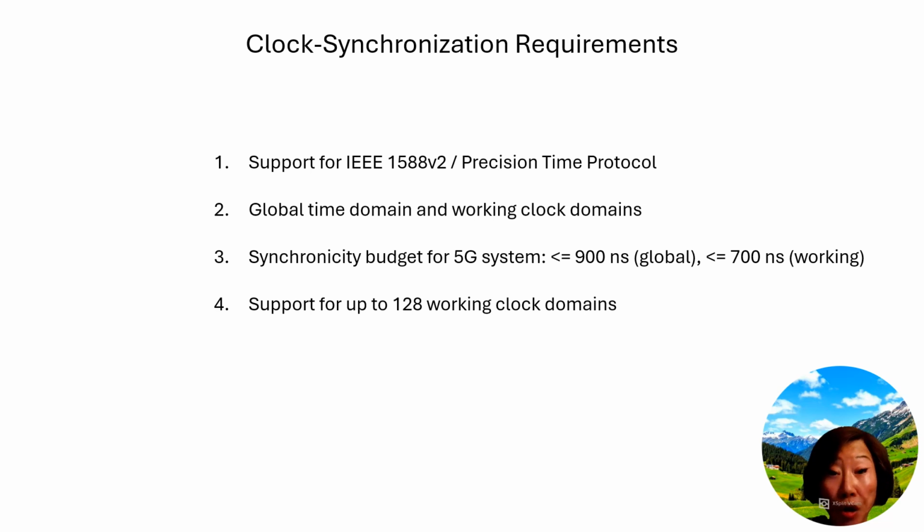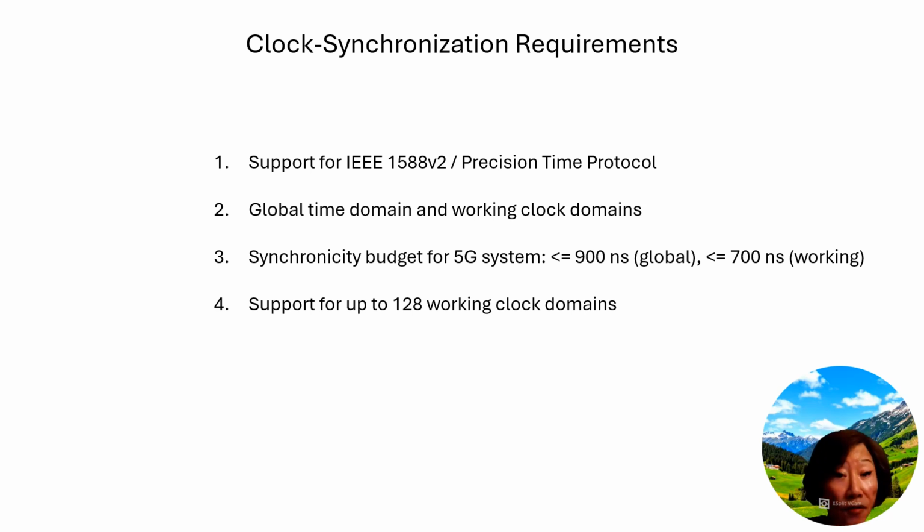Another key feature is the use of synchronous Ethernet in the backhaul network, which provides frequency synchronization at the physical layer. The 5G system also employs sophisticated algorithms for estimating and compensating for network delays.